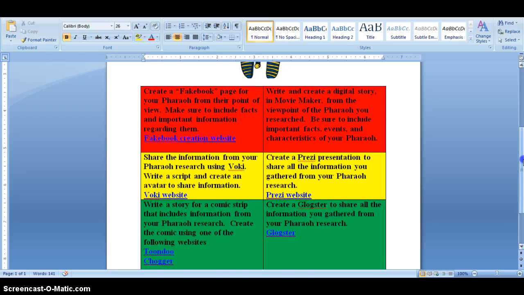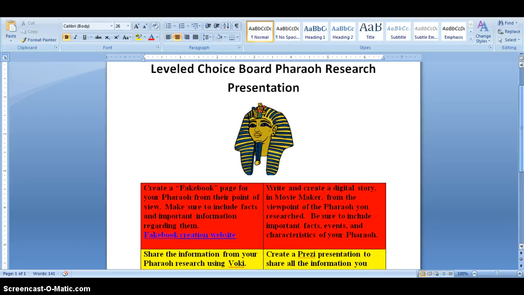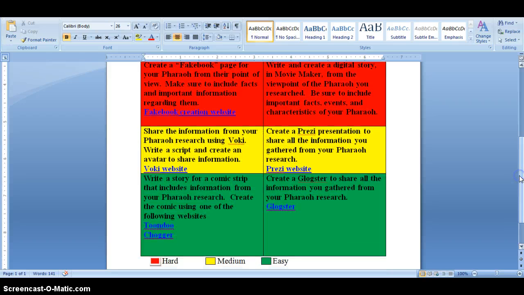So I created a leveled choice board menu, and it's leveled based on the difficulty of the assignment, the technology involved, and how much they need to present in their assignment. For example, the green's easy, yellow's medium, and the red is harder.